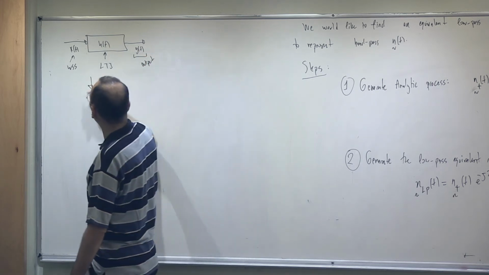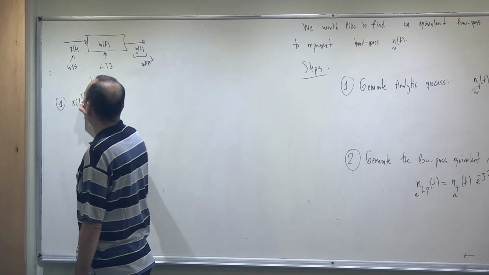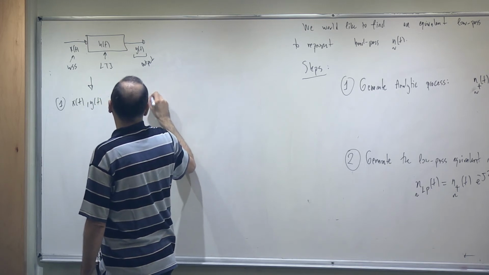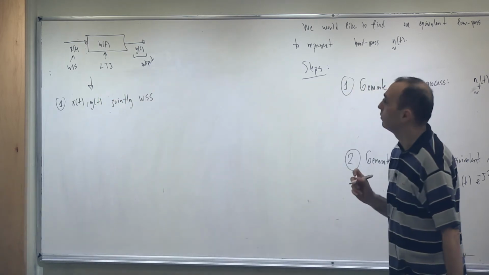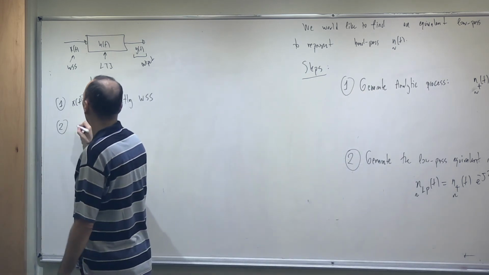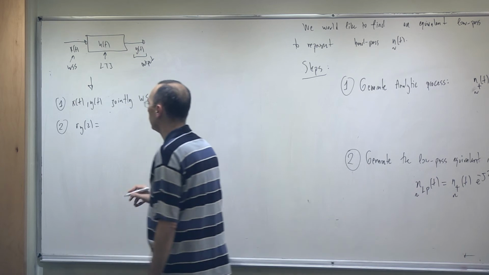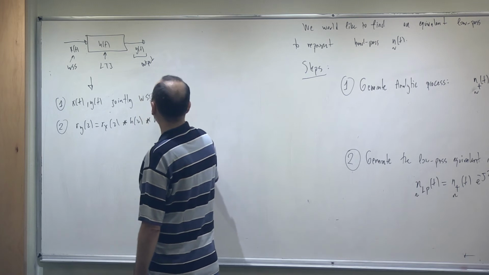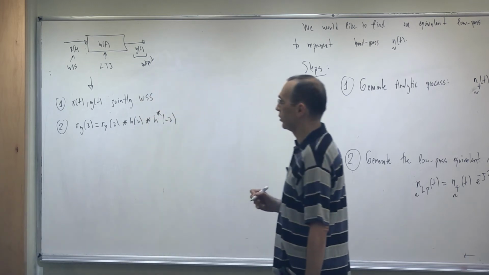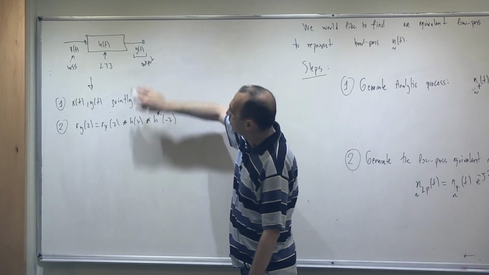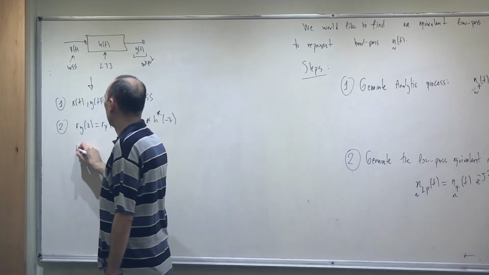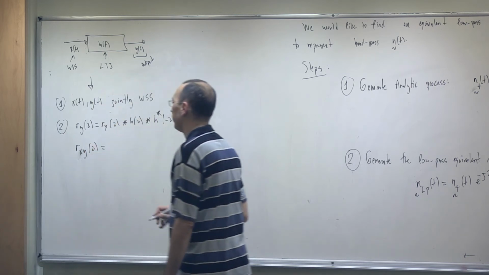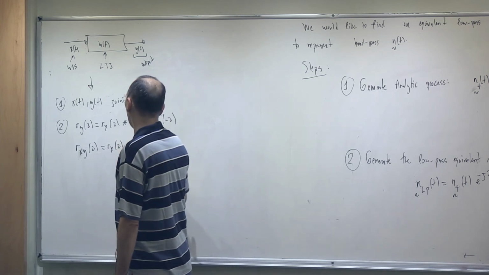So what do we know? Number 1, x of t and y of t are jointly wide sense stationary. Previously we have derived this. Number 2, R_y of tau is equal to R_x of tau convolved with the h terms. We have convolution relations like this. This is the output process autocorrelation. We can write the input-output cross-correlation, which is also in your notes.